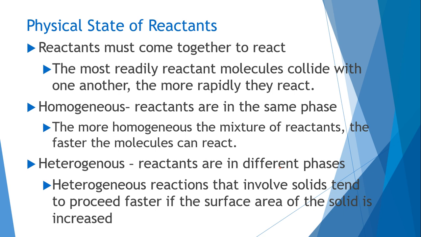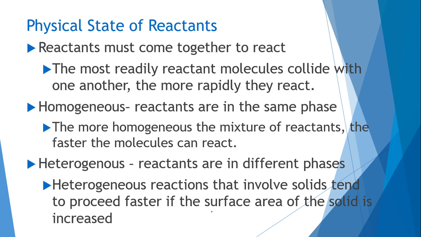And fun fact, the more homogeneous a mixture of reactants is, the faster those molecules are going to be able to react with one another and the faster the process is going to happen. Heterogeneous, though, is where our reactants are in different phases. One thing to note is that heterogeneous reactions that involve solids tend to proceed faster if the surface area of the solid has increased.